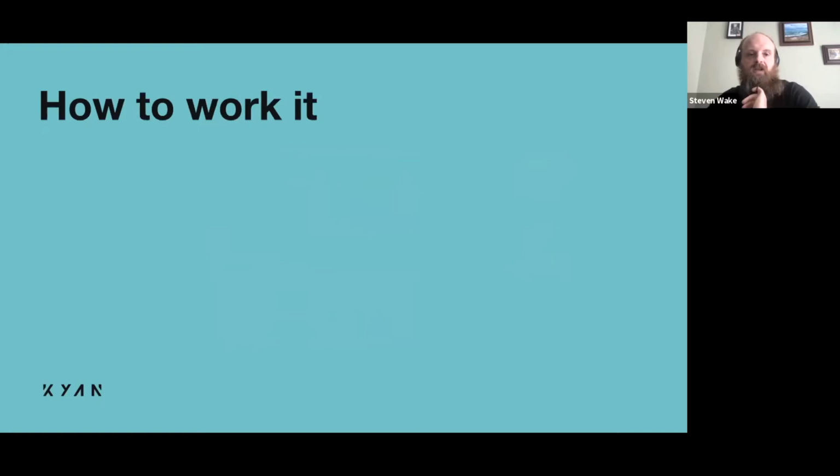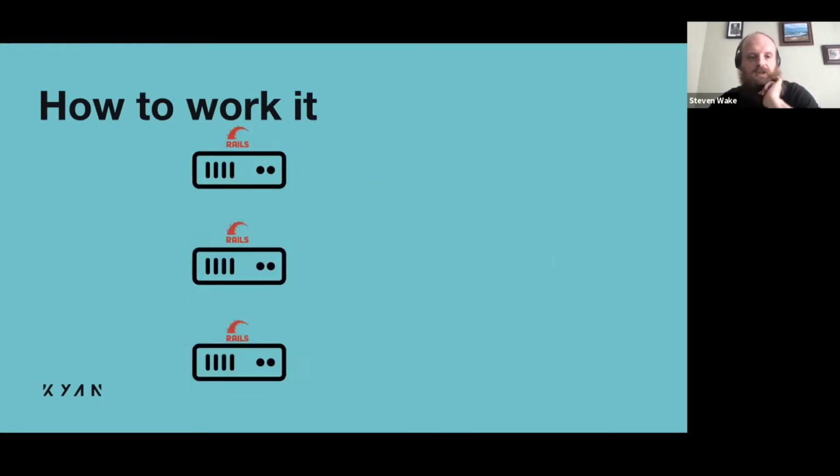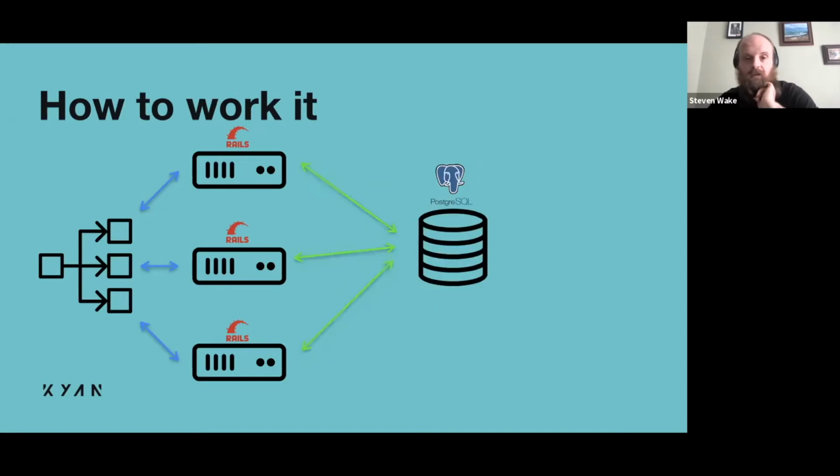Traditionally, the architecture will be sketched out in such a way that you've got a server running Rails. You might want some redundancy, so you have 3 replicas. That requires a load balancer to balance across them. The backend is Postgres, as already discussed.